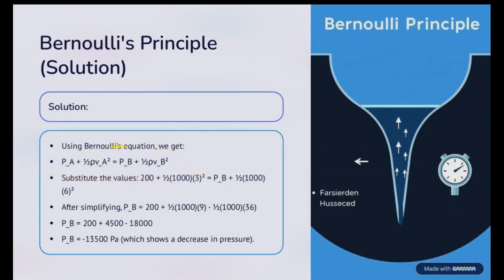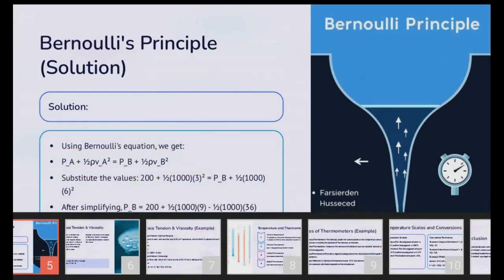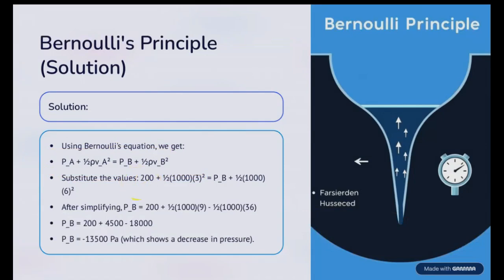Then putting in our parameters, we have our PA to be 200. We have our density to be 1,000 because we assume the density to be water. We have our velocity at the initial point A to be 3, and so on. So we have all these parameters, and we should resolve this, first solving the left-hand side.